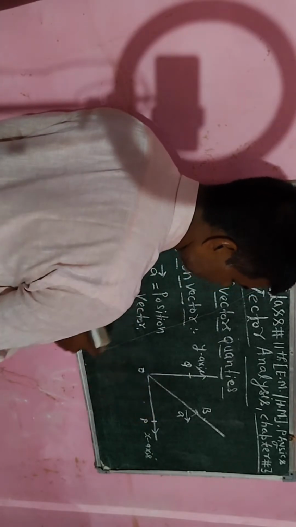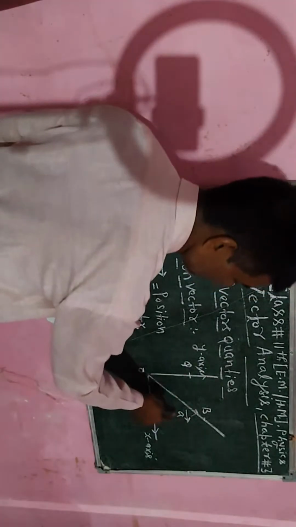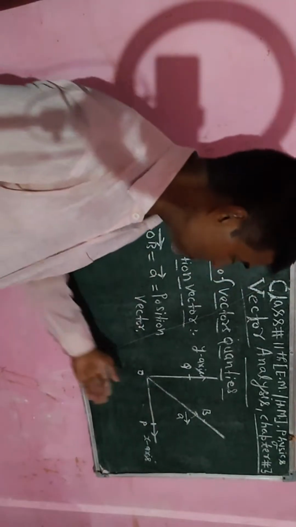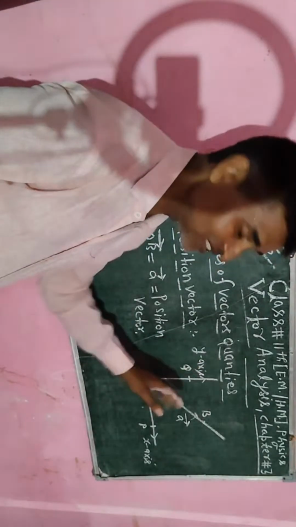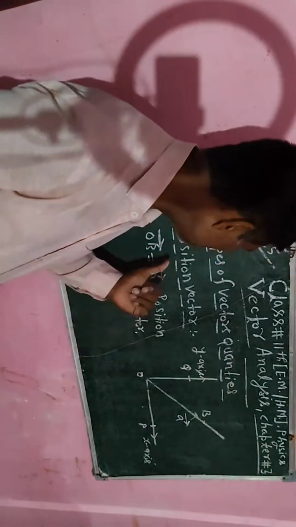So I will say that is the position vector. OB is the position vector, and that position vector is represented with A, and vector A has 3 directions. One is the x-axis direction, second is the y-axis direction, and third will be the z-axis direction. So this is the required concept of position vector.